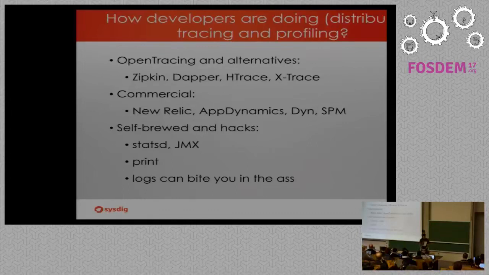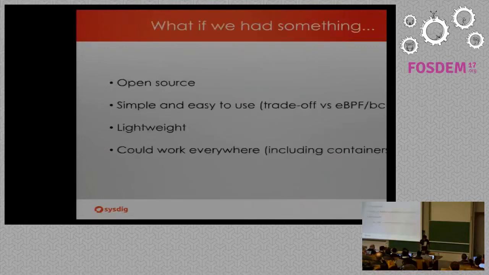A few are commercial, probably you know New Relic, Dynatrace. And people who didn't have heavy and very specific needs, who just had to monitor something, started to do all sorts of hacks, like using StatsD, JMX, prints. Who hasn't done prints to see what their code is doing, or misused logs for that?